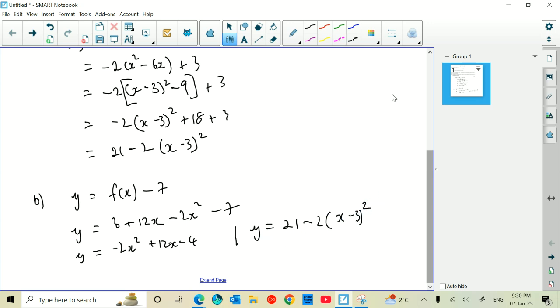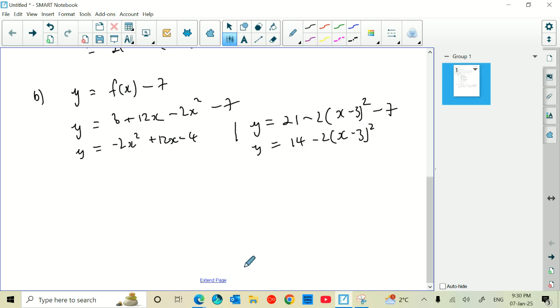And of course, I've got to take away 7 as well. So y is therefore equal to 14, 21 take away 7, 14 minus 2 times x minus 3 all squared. Good. So I've got my two equations there.